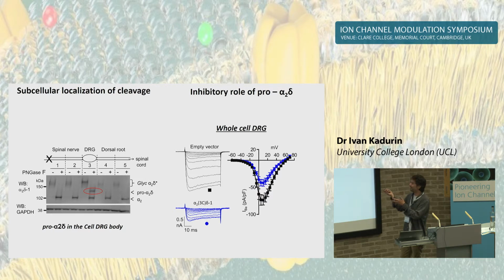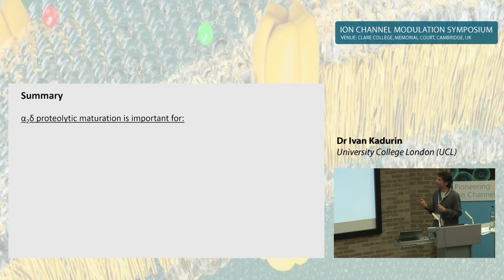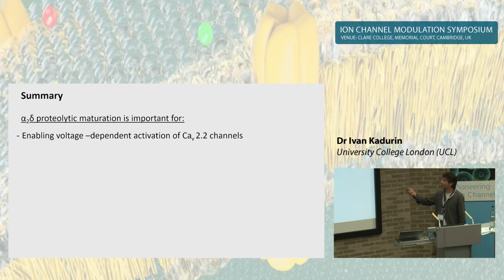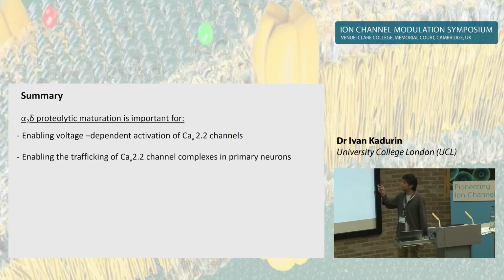These are actually preliminary results, but we saw an inhibition of endogenous currents, suggestive that endogenous channels could also be inhibited by this subunit. So to summarize, alpha 2 delta proteolytic maturation is important for enabling the voltage-dependent activation of CAV 2.2 channels, and to enable the trafficking of CAV 2.2 complexes in primary neurons.